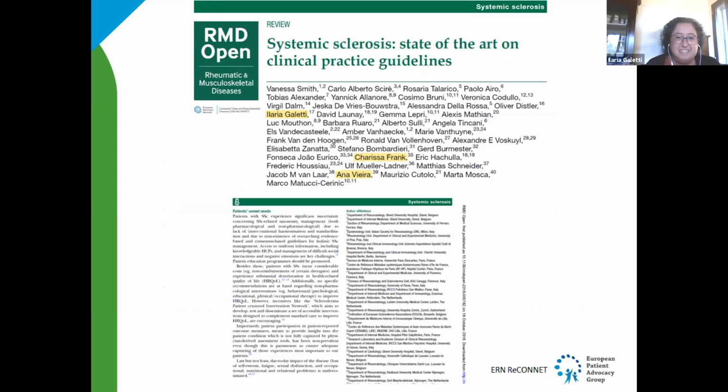You see, systemic sclerosis is my disease. So this is the state of the art of clinical practice guidelines for systemic sclerosis. You see highlighted the names of the ePAGs that reviewed the papers. So Charissa and Anna and me, of course, and I worked on the patient unmet needs. Each of us decided with their respective disease coordinators how to work on the unmet needs, because it's part of a global project.